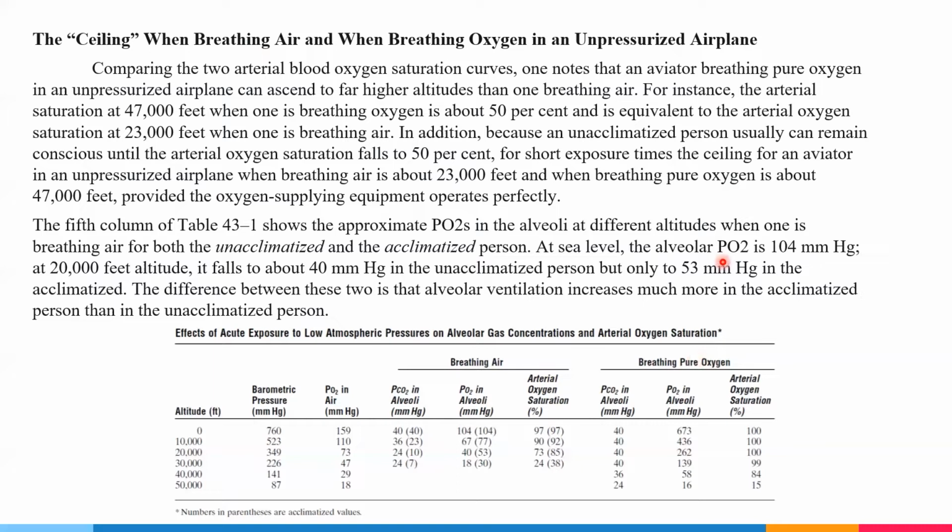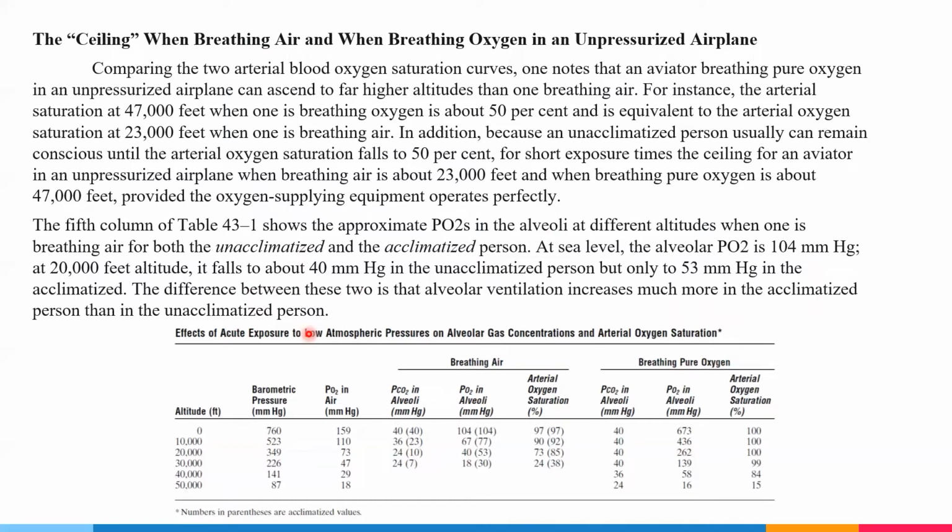At sea level, the alveolar PO2 is 104 millimeters of mercury for both the acclimatized and unacclimatized person. At 20,000 feet of altitude, it falls to about 40 millimeters of mercury in the unacclimatized person, but only to 53 millimeters of mercury in the acclimatized person. The difference between these two is that alveolar ventilation increases much more in the acclimatized person than in the unacclimatized person.